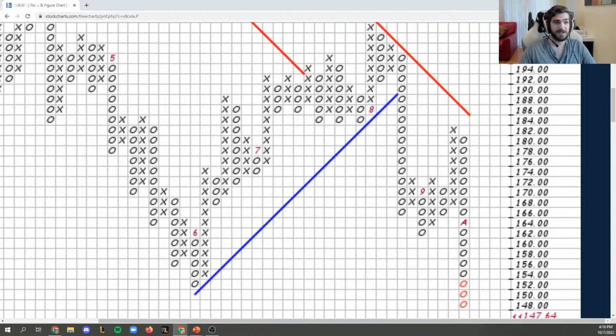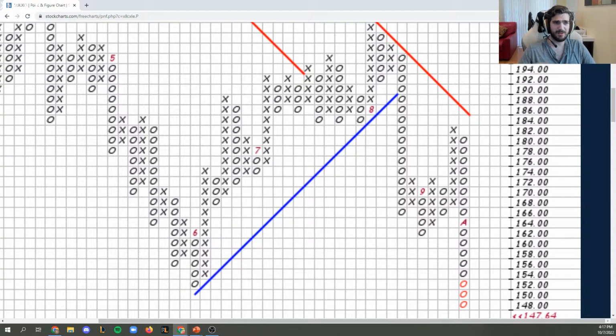There are two main pieces of information that we get. That direction. Right now, that direction is negative. Very negative. And then the other one is the signal. Buy signal or sell signal. And in this case, because the most recent thing we have is a column of O's below the previous column, we're in a sell signal.